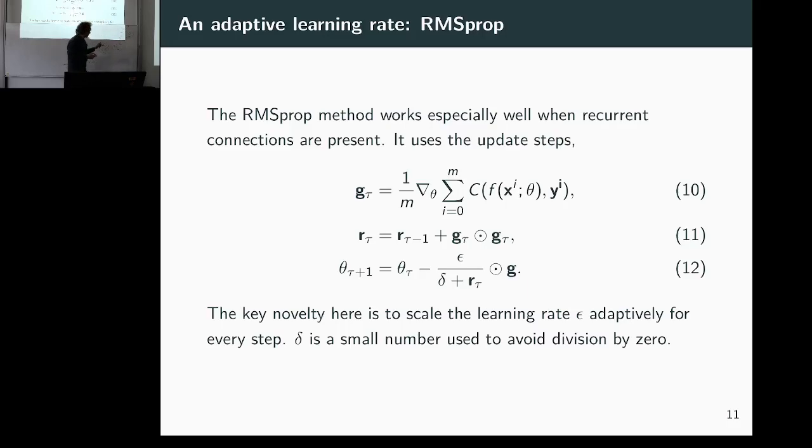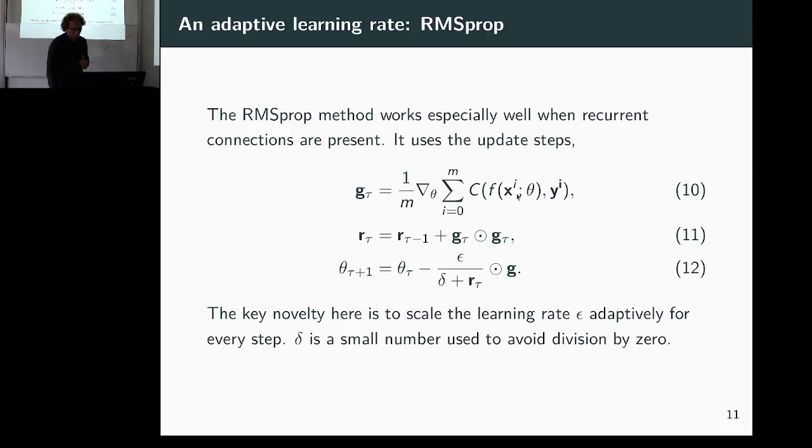And that means that there's some internal mechanics here, and situations like this create a very challenging cost optimization environment. And it was very hard to optimize this for a very long time until people came up with RMS prop. So RMS prop works very well in this situation.